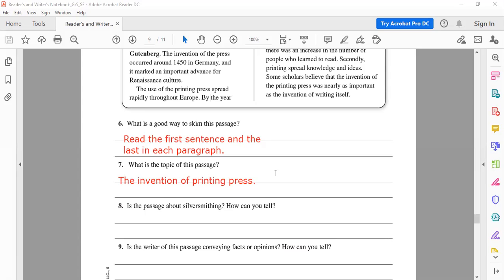No. Why, طيب? Because he is talking about printing. It's not mentioned in the paragraph. Excellent. So, no, because this information is not mentioned.